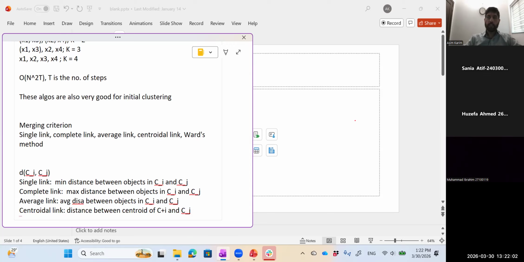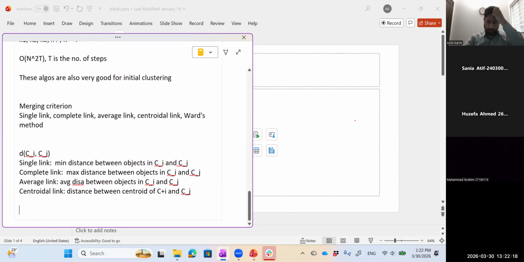But of course, to do this, you need to compute the central point for each cluster. Okay? So if you ask me in terms of popularity, generally single link or average link are more commonly used, but they do have their issues.